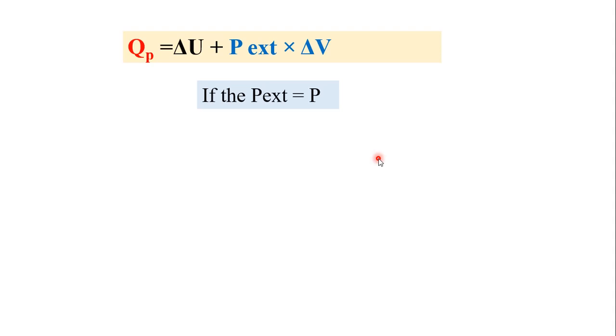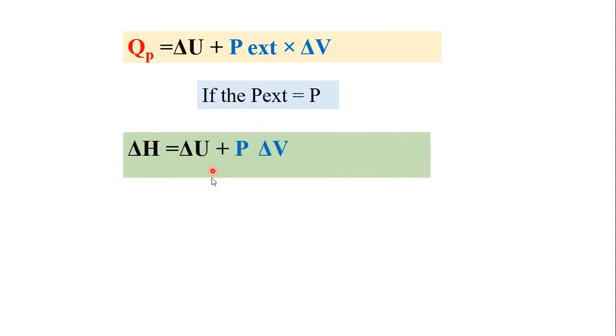But if P external, the pressure outside the system, that is atmospheric pressure, is equal to the pressure of the gas, then this equation becomes delta H equal to delta U plus P delta V, because delta H is equal to QP.